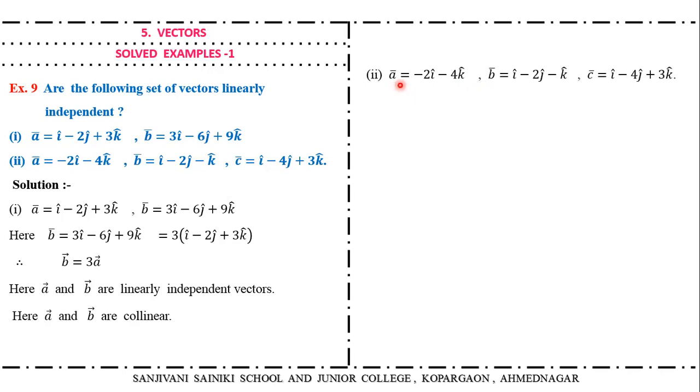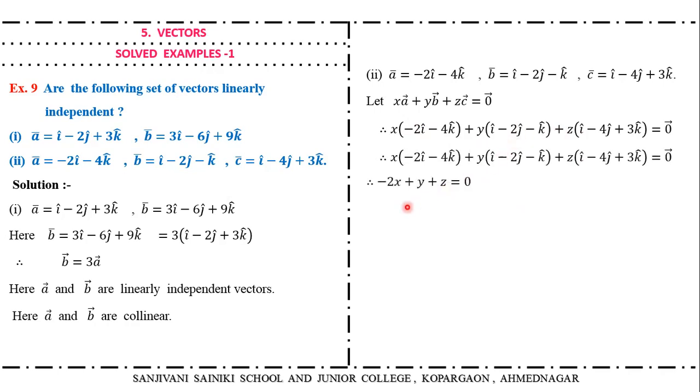Now second example, a is given, b is given, c is given. So let x a bar plus y b bar plus z c bar be equal to 0. Put the first vector, second vector and third vector in this equation. Multiply the first vector by x, the second vector by y, the third vector by z. Then collect the coefficients of i cap, j cap and k cap, and equate the coefficients.